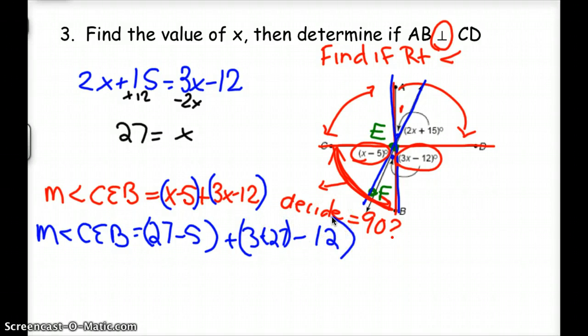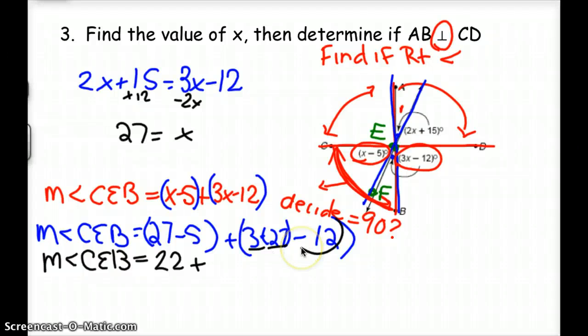There we go. All right, so now let's find the measure of angle CEB. I'm going to take 27 minus 5, it's going to get me 22, plus I'm going to take 3 times 27, which is 81, and then I'm going to subtract 12, which gives me 69. So now I'm going to add those two together.